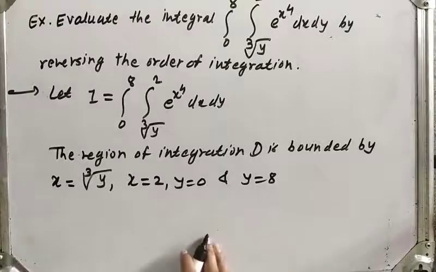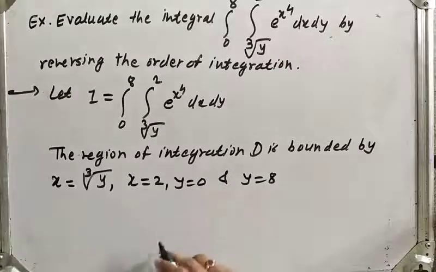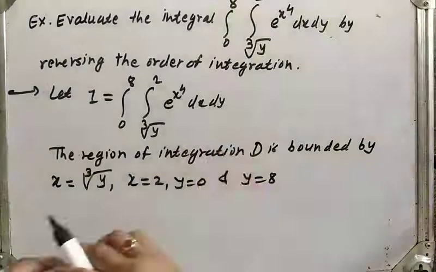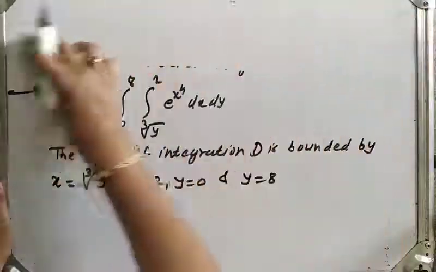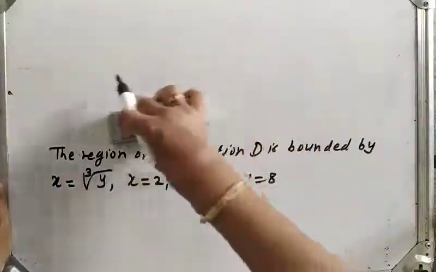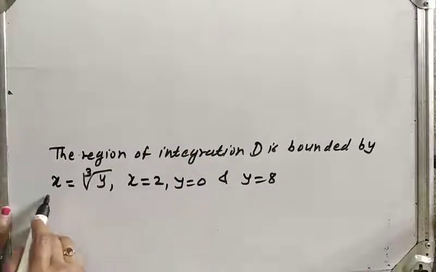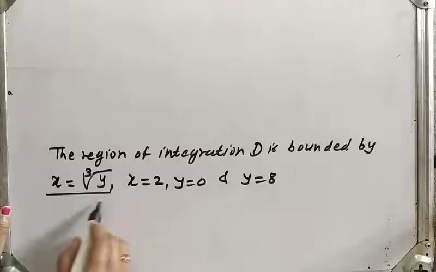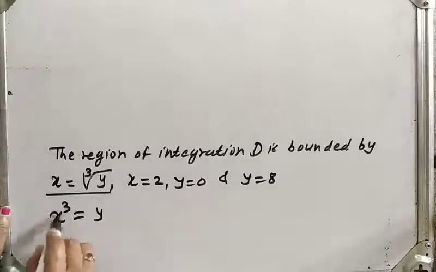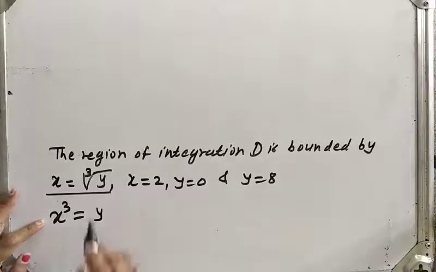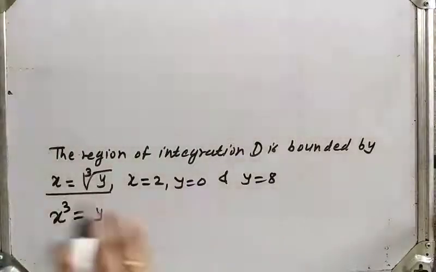So let us plot this graph, and remember that we have to take the strip parallel to y axis because here dy is last. So first let us plot the graph. So this is x is equal to cube root of y, means y is equal to x cube, taking the cube power. Okay, so let us plot the graph.